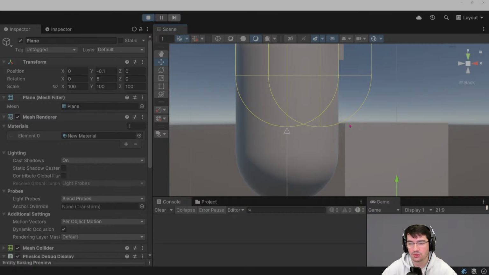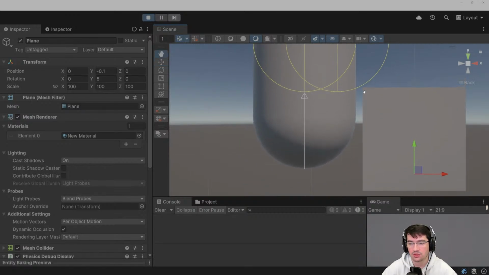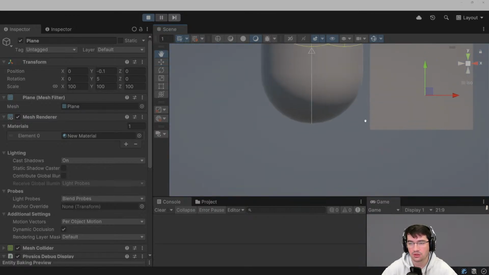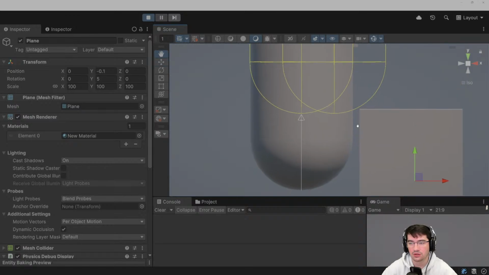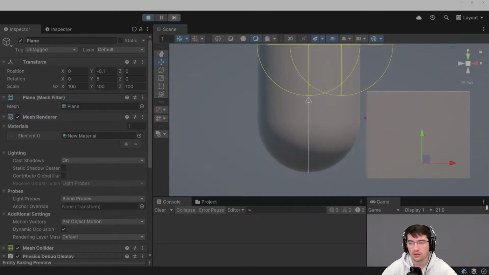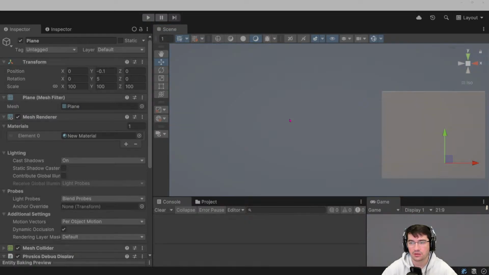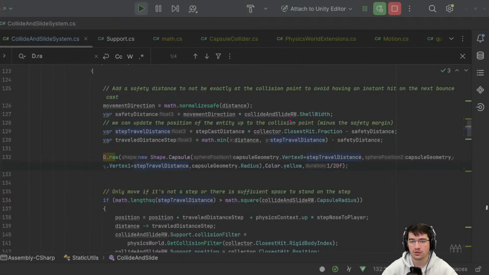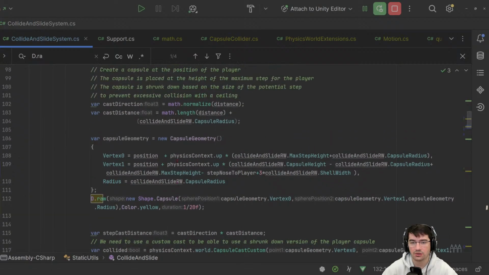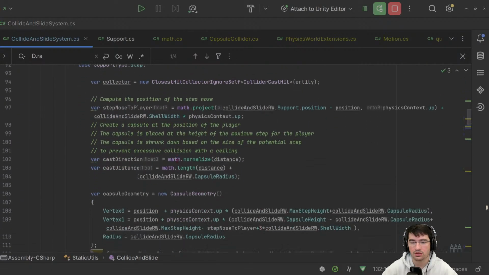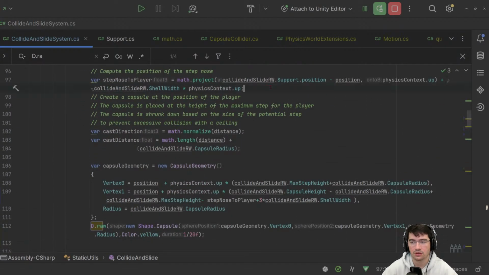I'm too low. I'm too low. Vertex 0 is too low.